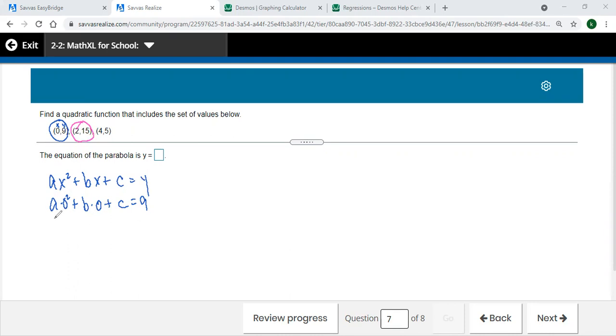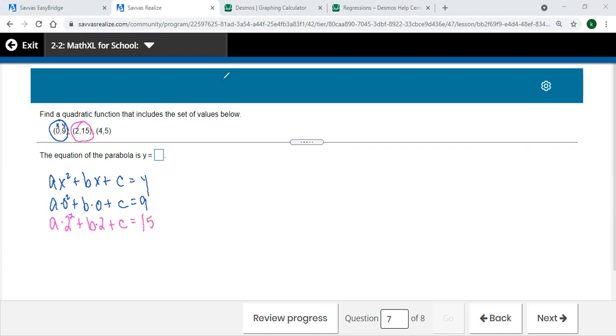The next one, I've got a times x, which is 2 squared, plus b times x again of 2, plus c equals my y of 15.